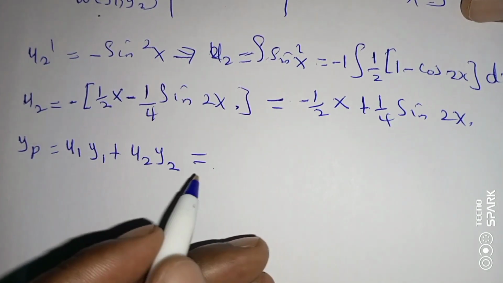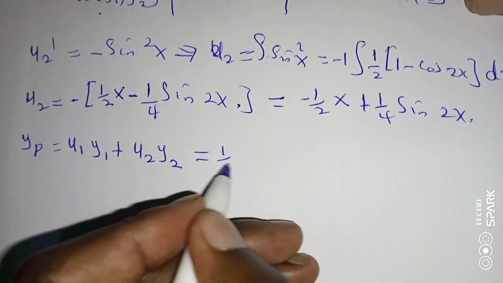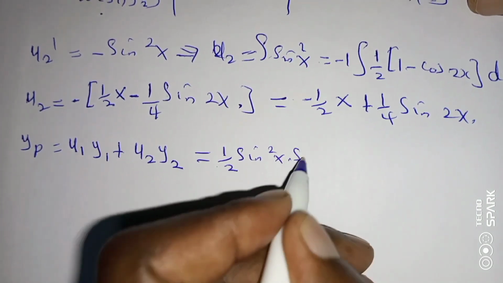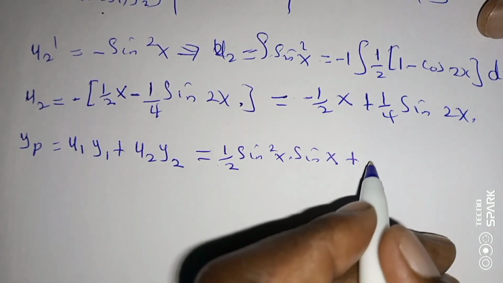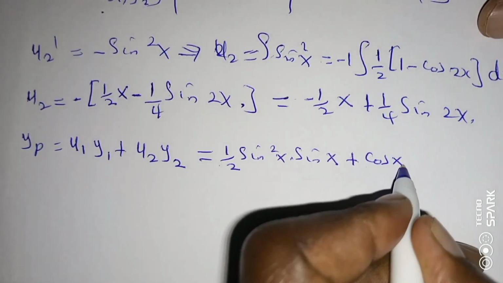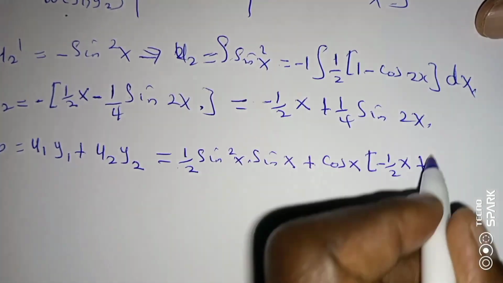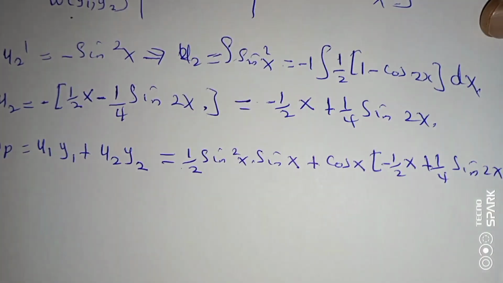So this is equal to half sine squared of x multiplied by sine of x, plus cos of x multiplied by what we have here, negative half x plus 1 over 4 sine of 2x.